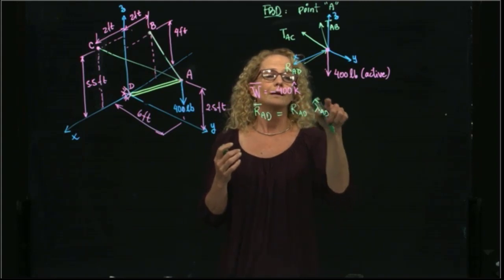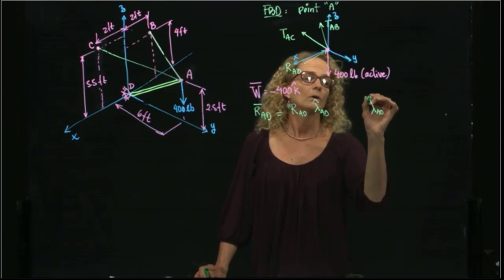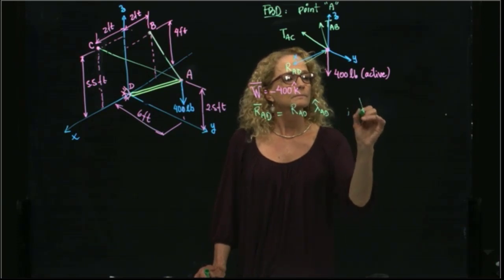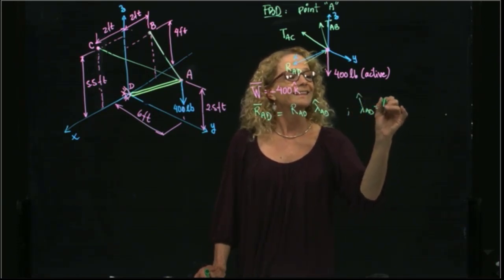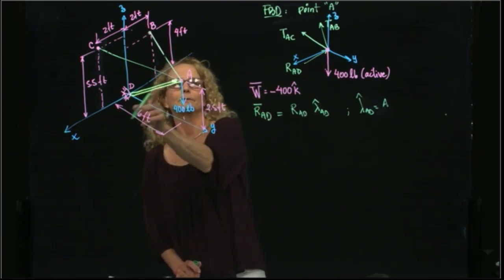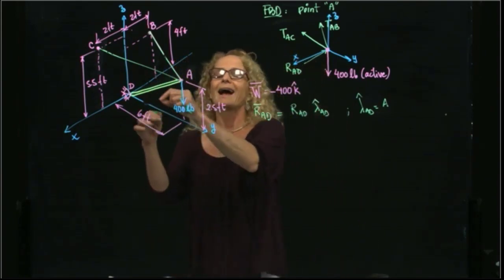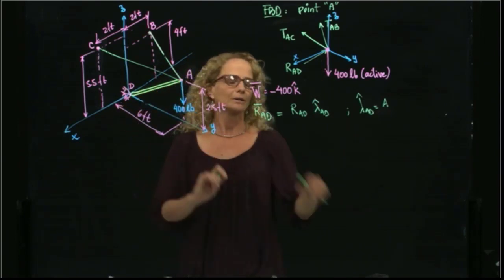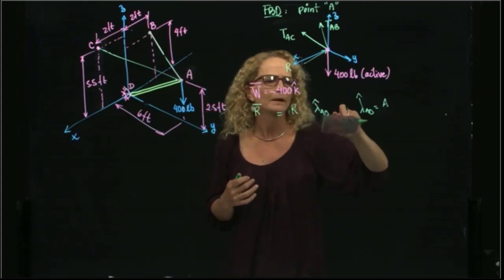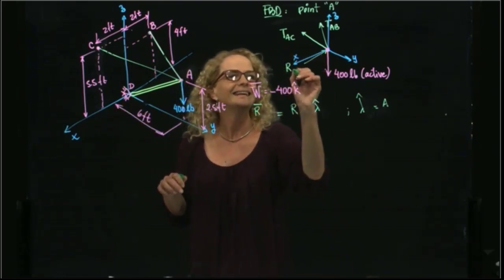So how do we find this unit vector? As you recall from the theory, a unit vector will be equal to the vector divided by its magnitude. This vector goes in this direction, so, to make it easy for our mind not to make a mistake, I'm going to call it DA.